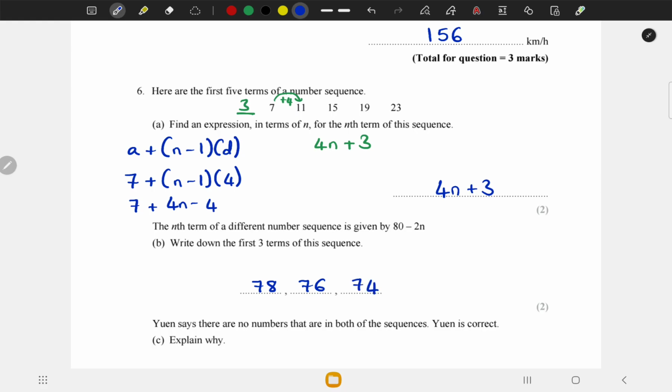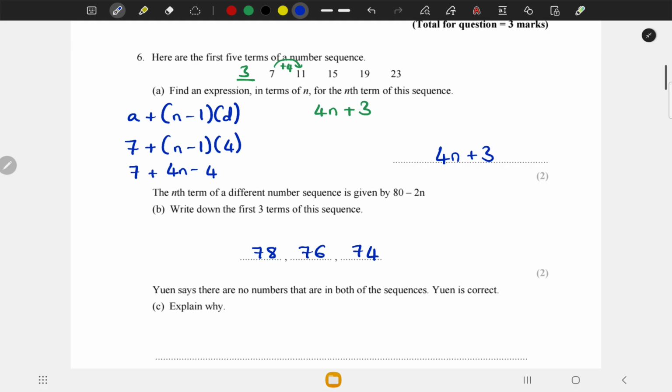So that's done. The following question says, Yuan says that there are no numbers that are in both the sequences, and he's correct. You're being asked to explain why.